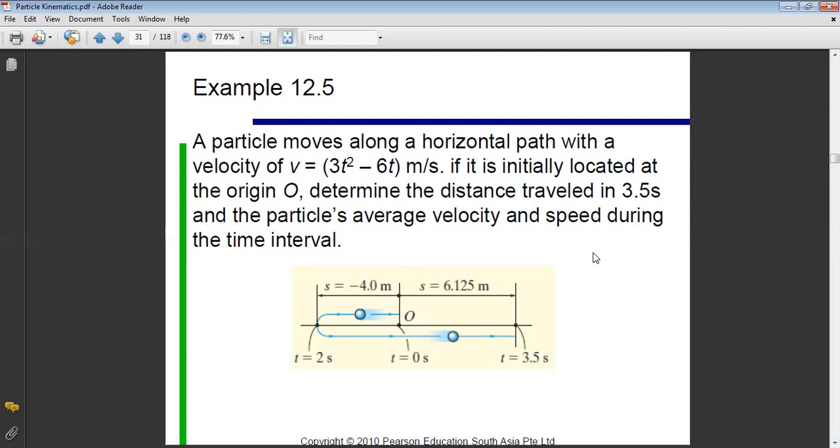So how do we determine the total distance of motion? You should know how your velocity varies in sign, because you are interested in the change in direction.